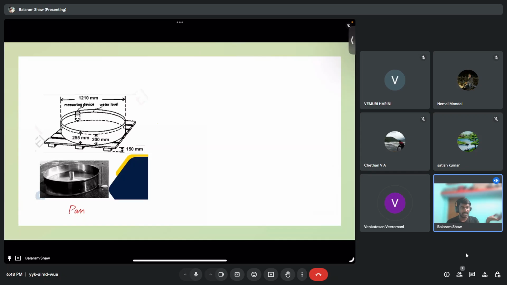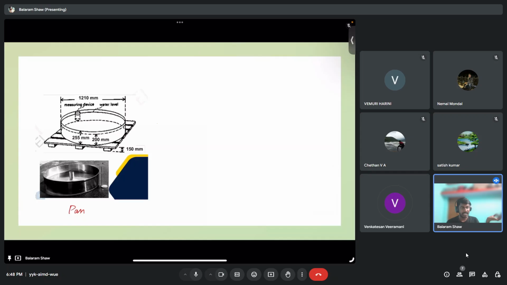Okay, so this one is a very old kind, but even now it is used at many places. It is one of the oldest evaporimeters that has been in use. In this, the sheet you can see is of galvanized iron.